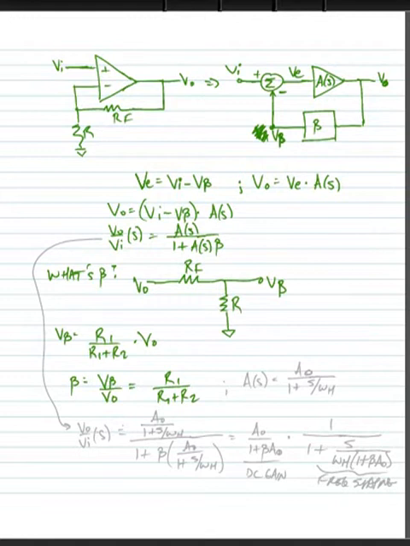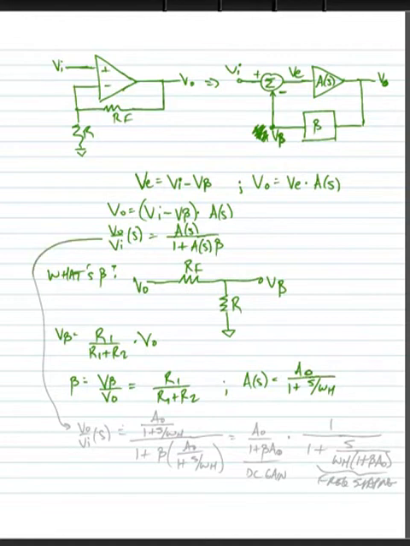All right, so now let's substitute everything in for A. And remember, A of S is equal to A sub 0 divided by 1 plus S divided by omega H. It's a one-pole roll-off with a finite DC gain.